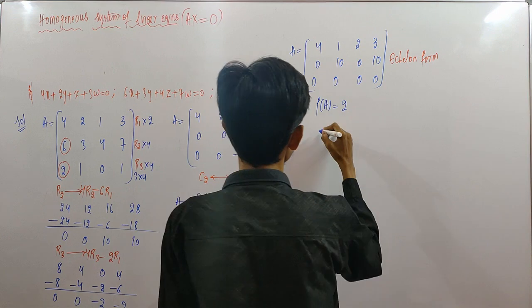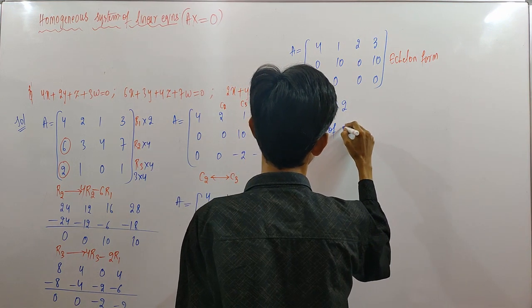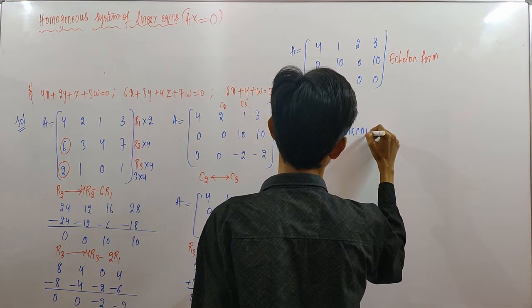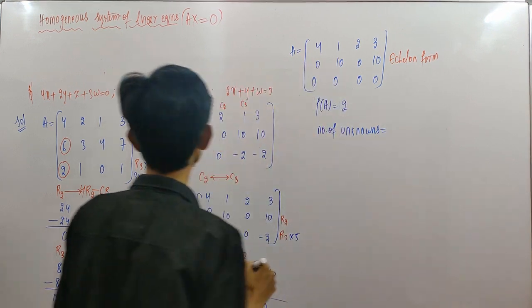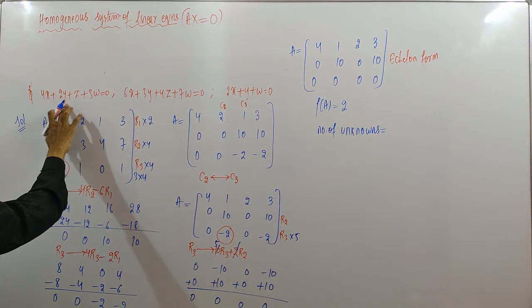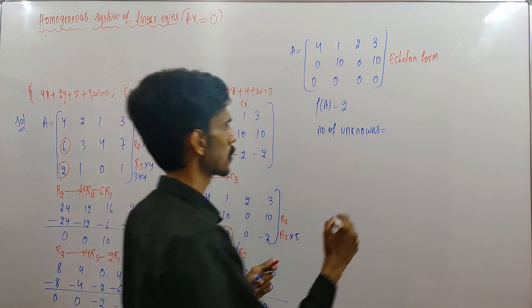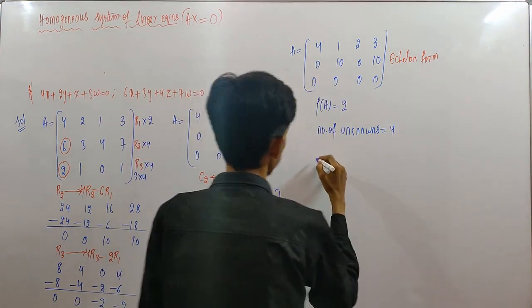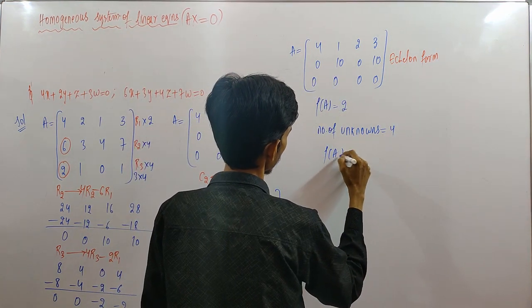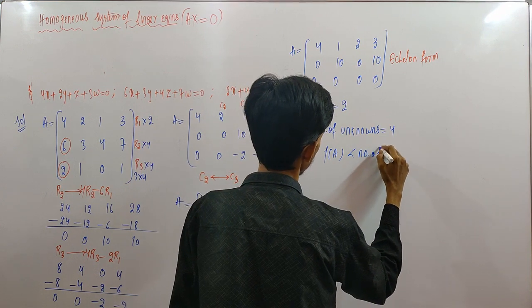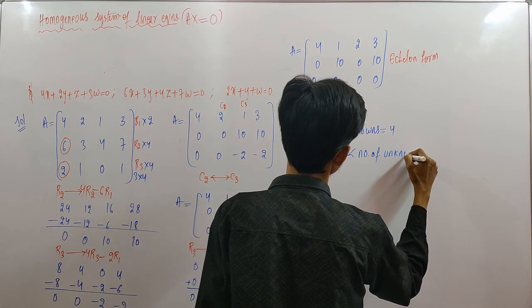Now number of unknowns. How many unknowns we have? X, Y, Z, W. 4 unknowns are there. That is, rank of A is less than number of unknowns.